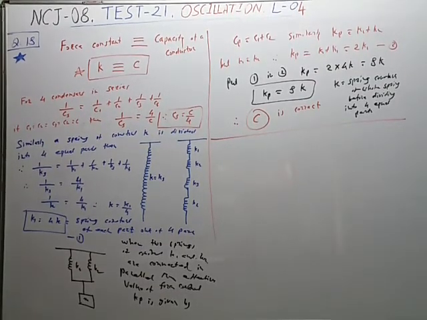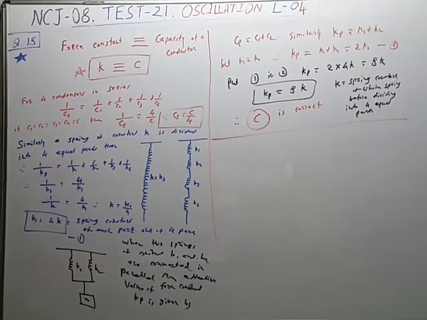1 upon Ks is equal to 1 upon K1 plus 1 upon K2 plus 1 upon K3. How?